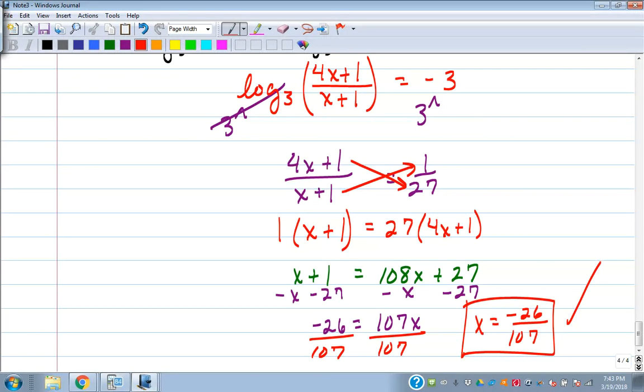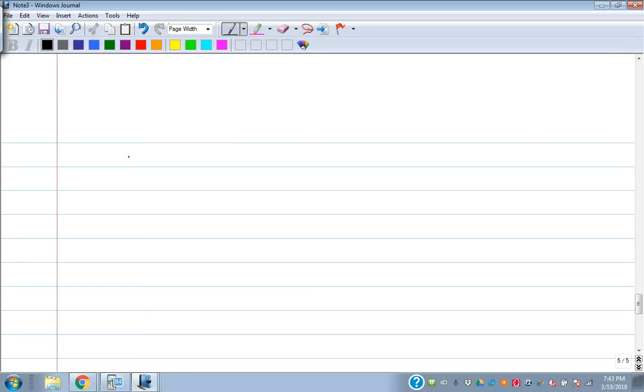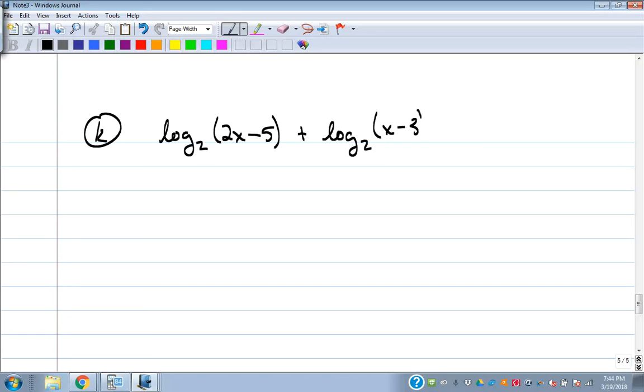All right. Fun. Let's do one more of these. One that kind of gets a quadratic involved. They come up some. Log base 2 of 2x minus 5 plus log base 2 of x minus 3 equals 3.